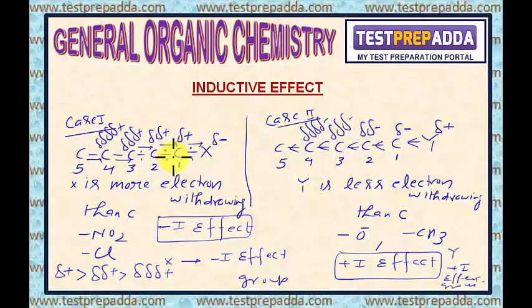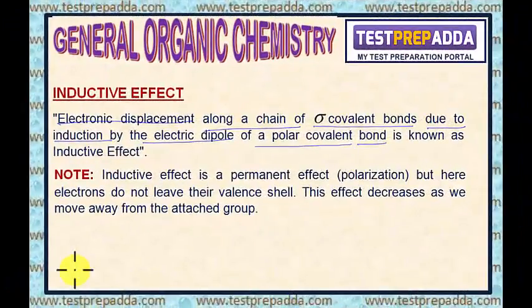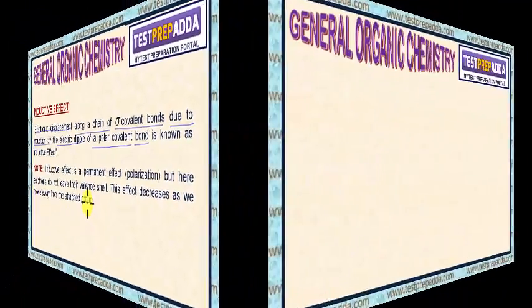My point is clear? Students, please note, inductive effect is a permanent effect. But here, electrons do not leave their valence shell. This effect decreases as we move away from the attached group.